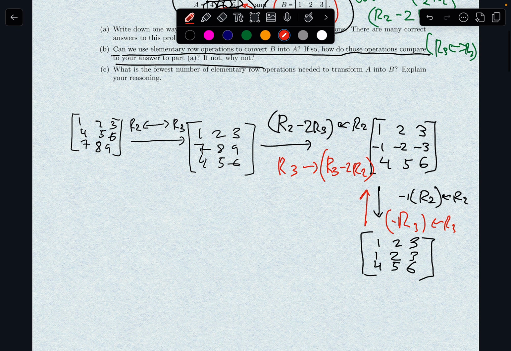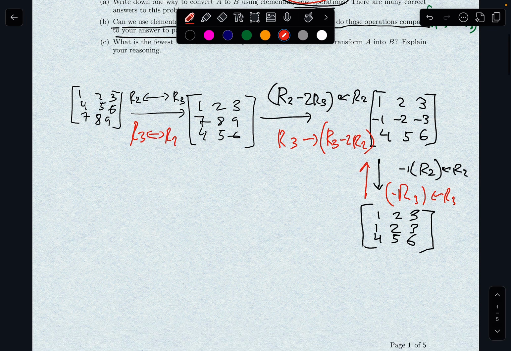Essentially the opposite. And then finally you're going to swap R2 and R3, and we're going to get exactly that.